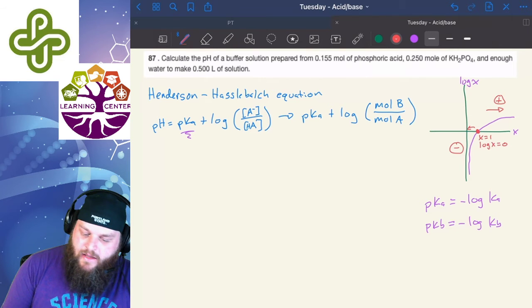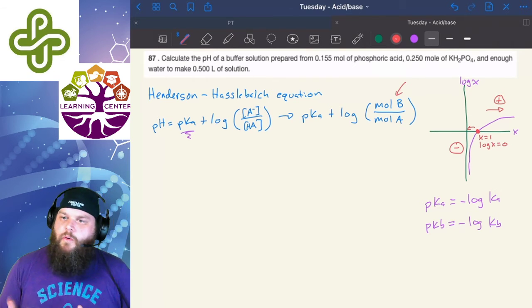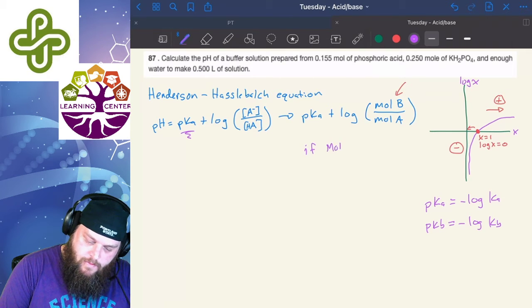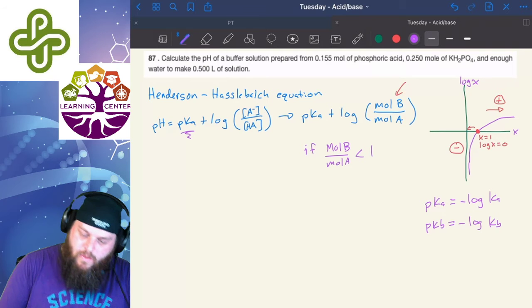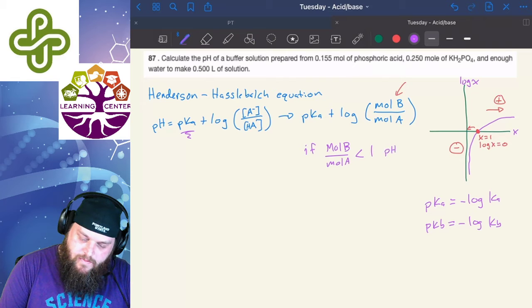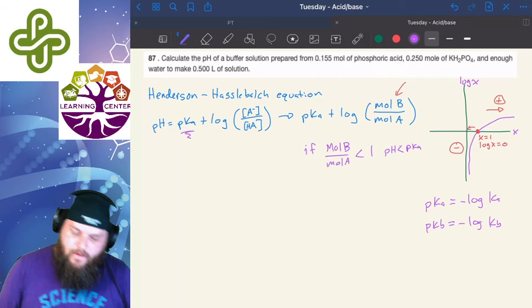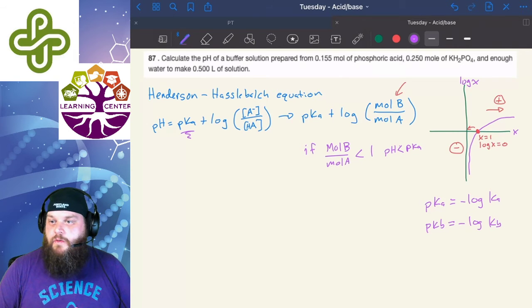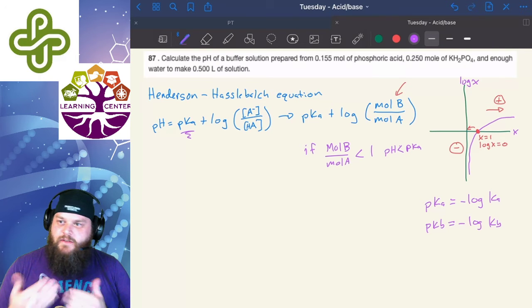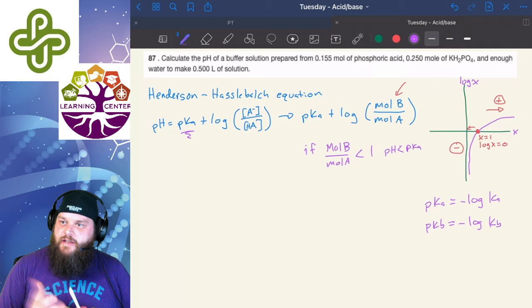So we can see, as we relate that to this mole-to-mole ratio, that if this mole of B divided by mole of A is less than 1, we're going to have a negative value here, which means that the pH is going to be less than the pKa. And for that mole-to-mole ratio to be true, we need to have more moles of acid than we have moles of base. So that makes sense, that relationship, that the pH is going to go down.